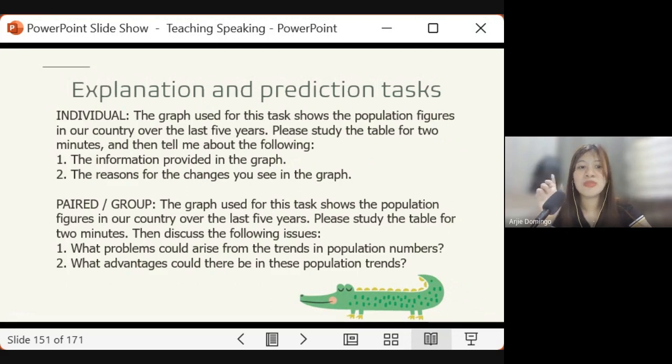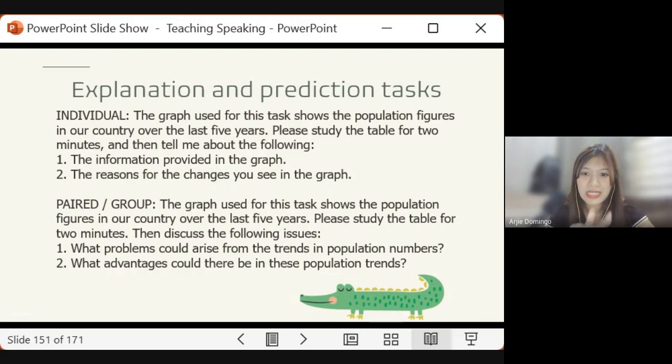The information provided in the graph. 2. The reasons for the changes you see in the graph. All right. So the students would be predicting what will happen in the next 5 years, what will possibly happen to the population. Will it decrease or increase based on what the graph shows?